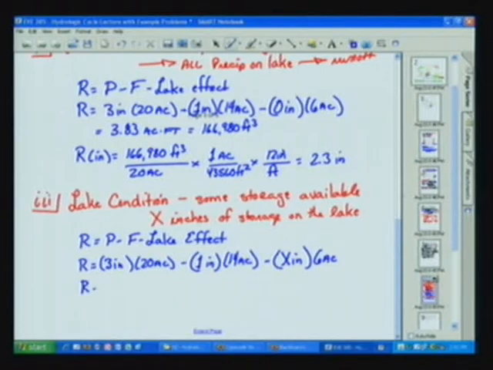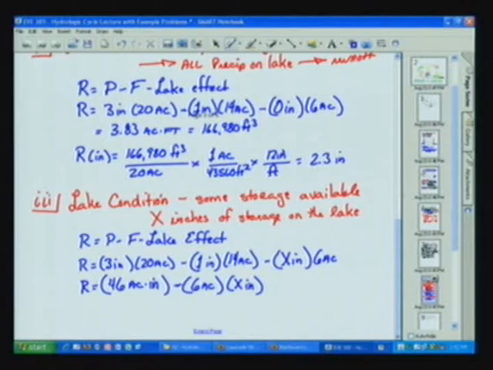So our runoff will be 46 acre inches minus 6 acres times X inches. And then we could do unit conversions out from there.